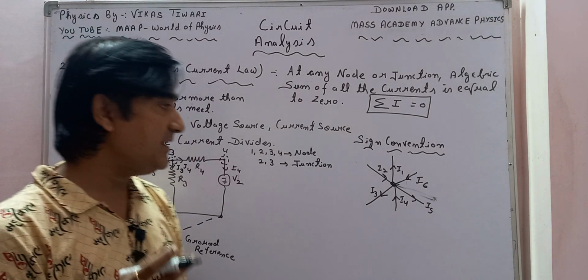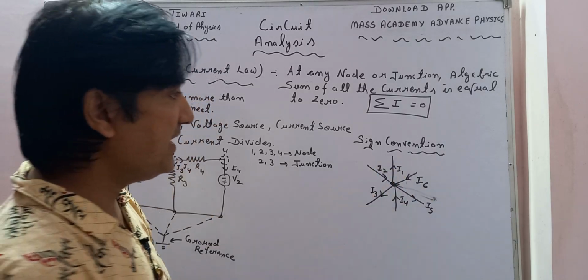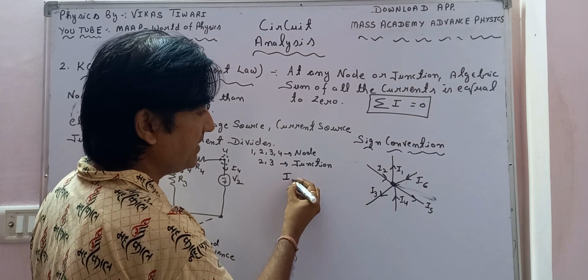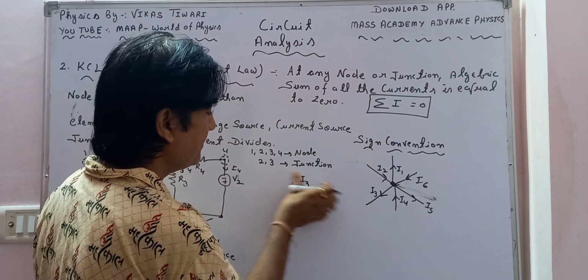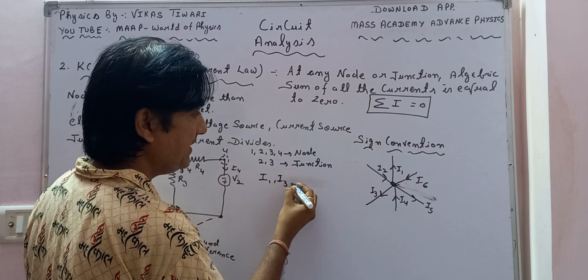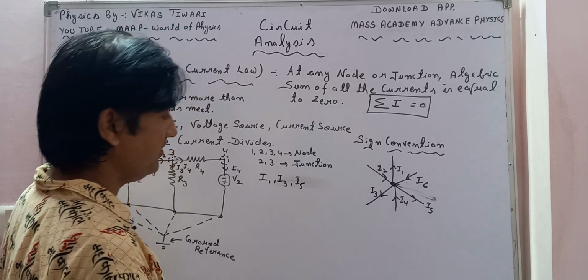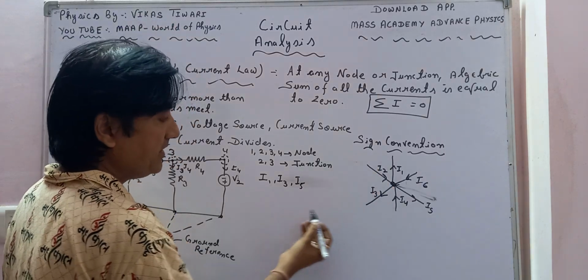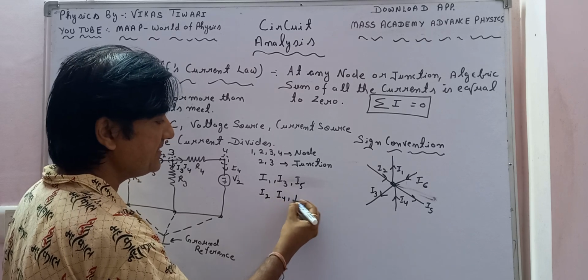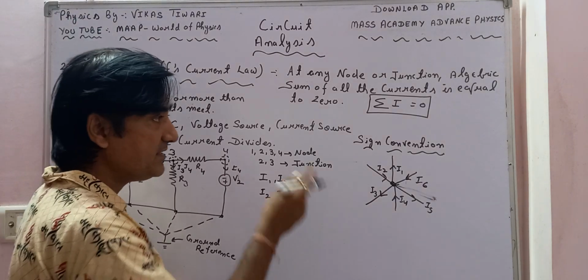So let us identify the currents in one direction: I1, I3, I5. These are outgoing currents. And I2, I4 and I6 are incoming currents.